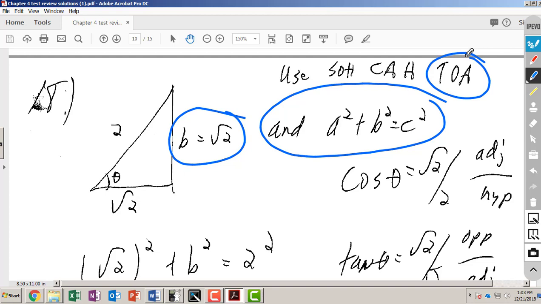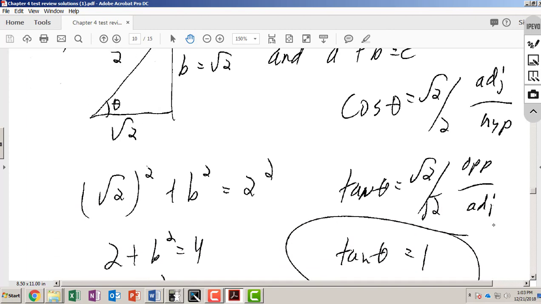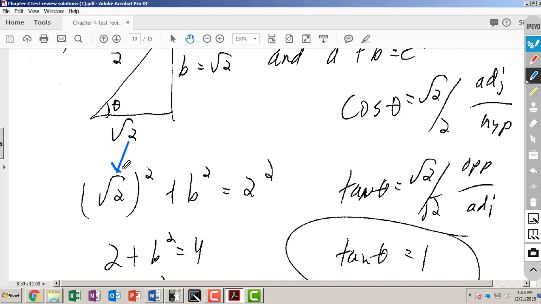So first thing I need to do is put this into the Pythagorean theorem. Here's my a value, which is the square root of 2. I substituted it into a squared. And here is my b value, which I don't know. And then my c value is 2 squared.